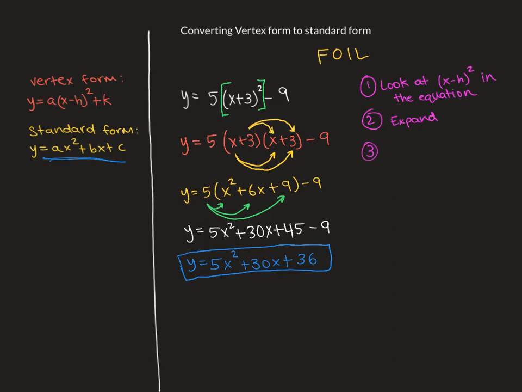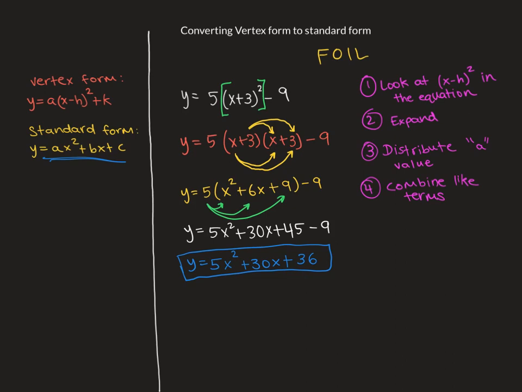Then, once you've expanded it, and I'm talking about expanding this into this, and then expanding it into x squared plus 6x plus 9, once you've gone there, then distribute your a value, and then our fourth and final step would be to combine like terms.